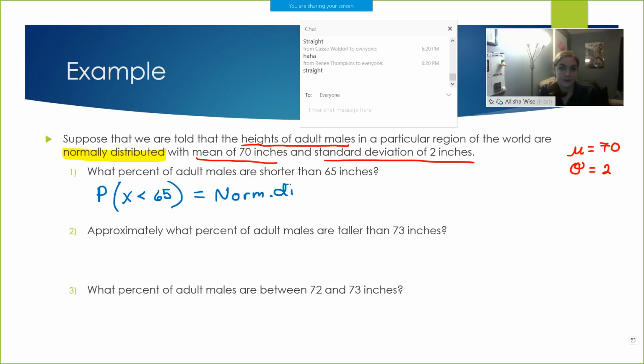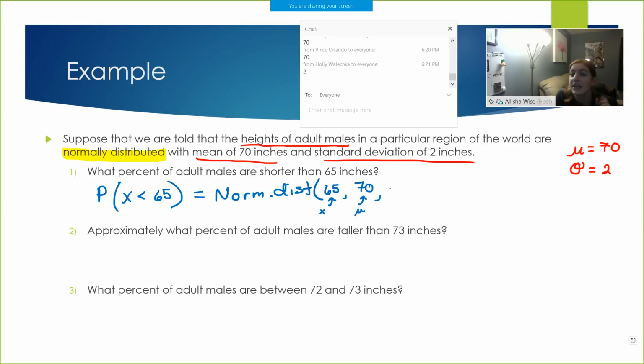Norm.dist. What number comes first? Your x value, which is 65, you bet. What number comes second? 70, which is your mu.